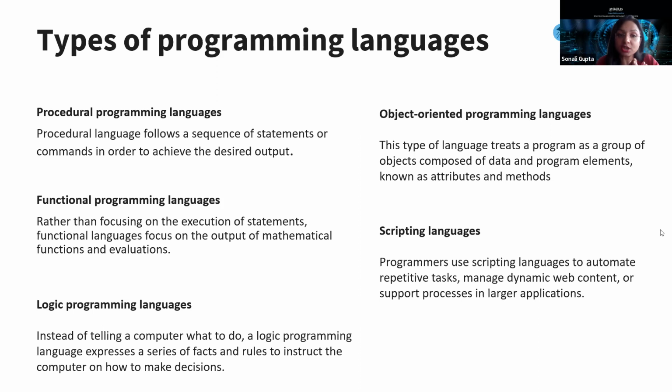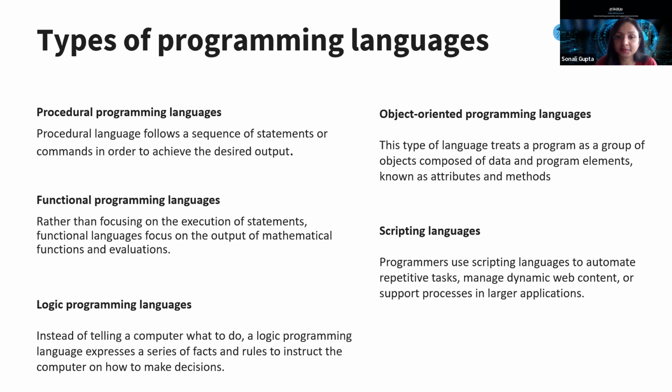When we talk about functional programming languages, rather than focusing on the execution of a particular statement, functional programming focuses on the output of mathematical functions and evaluation. So this is what a functional programming language is. Then what is a scripting language? So do you think Python is a scripting language as well?